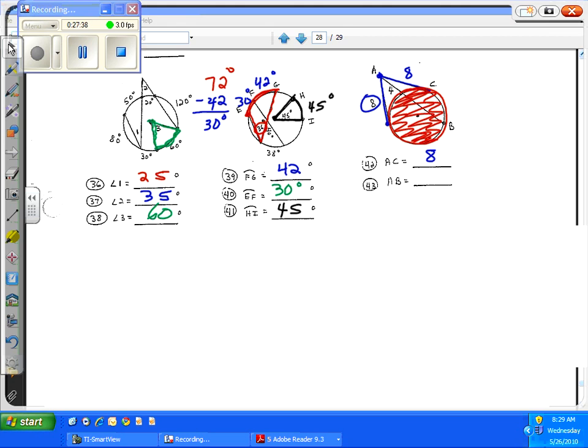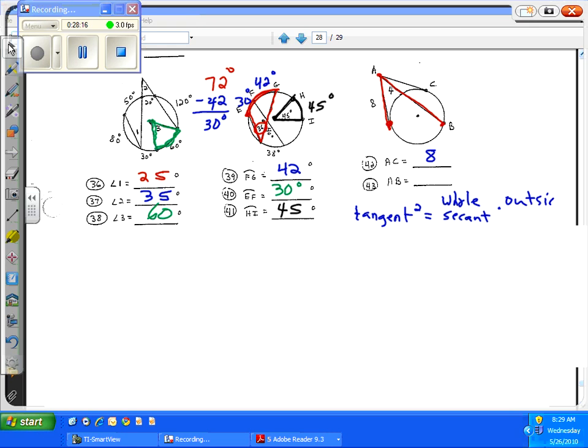All right. AB. AB is the secant to the circle from a point outside, and 8's a tangent. So we have a secant and a tangent drawn to a circle from a point outside a circle. If a secant and a tangent are drawn to a circle from a point outside a circle, then the square of the tangent is equal to the product of the secant and its external segment.